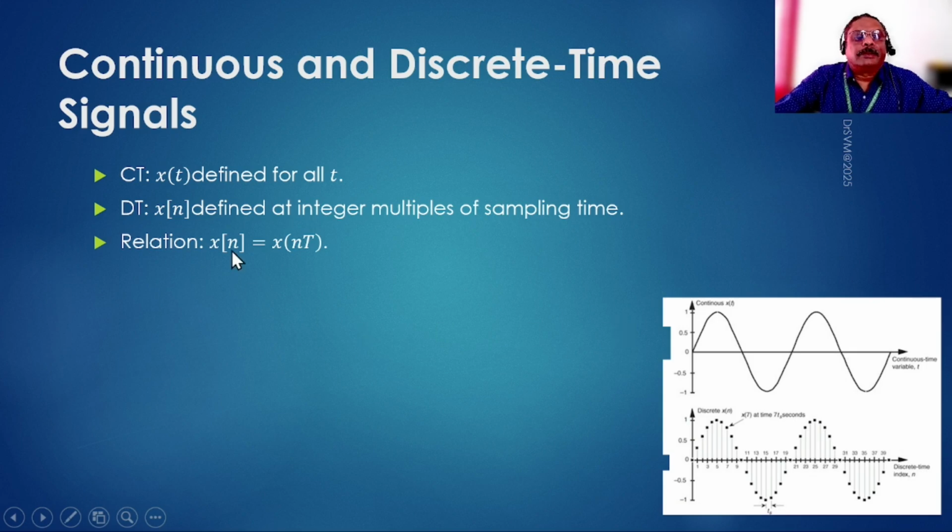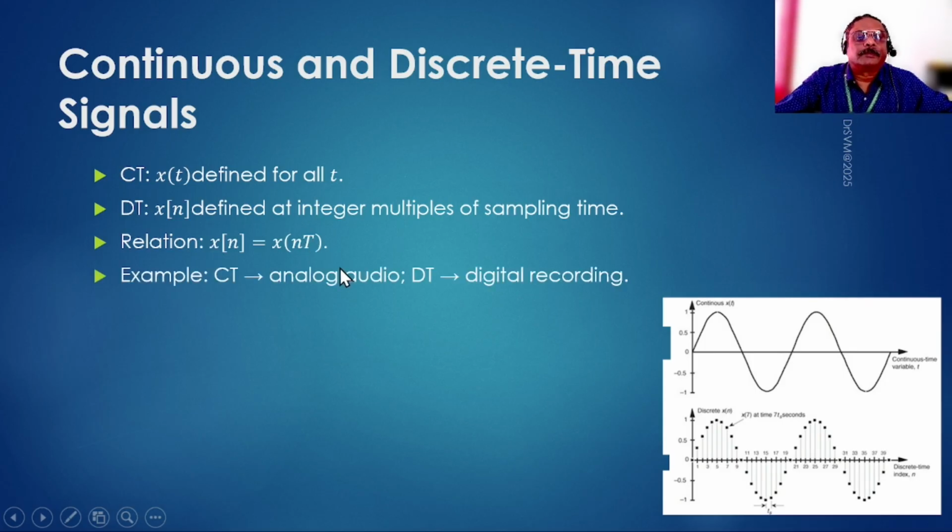So the relation between the discrete time signal and the continuous time signal is that the nth value in the discrete time is n units away from the sampling time. So n into T is the time we have, and the value of x at n into T will be the nth sample we have.